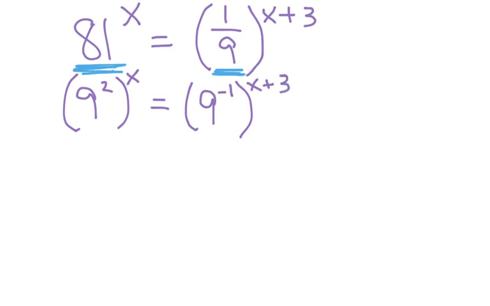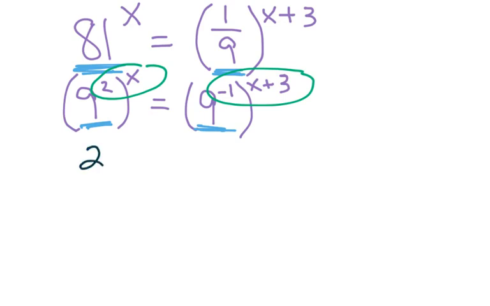So once we have the same base, then of course you can recall, this is our example, the exponents are equal to each other. So that's going to allow you to write on the next line, 2 times x is equal to negative 1 times x plus 3. So that'll be the negative. We're going to solve this by getting our x's on one side.